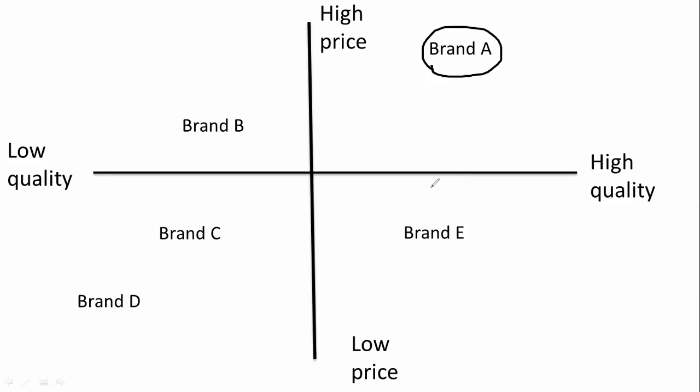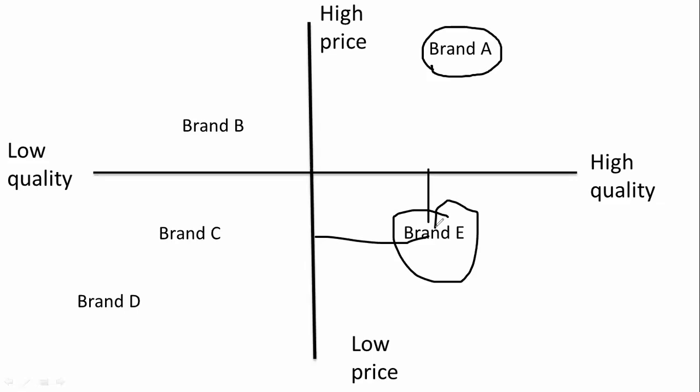So what would be the Forever here? B, C, D, or E? If it is a medium quality and low price, where would the brand be? Medium quality, yes, E. The quality is medium here, and the price is low from this side. So it would be like brand E.